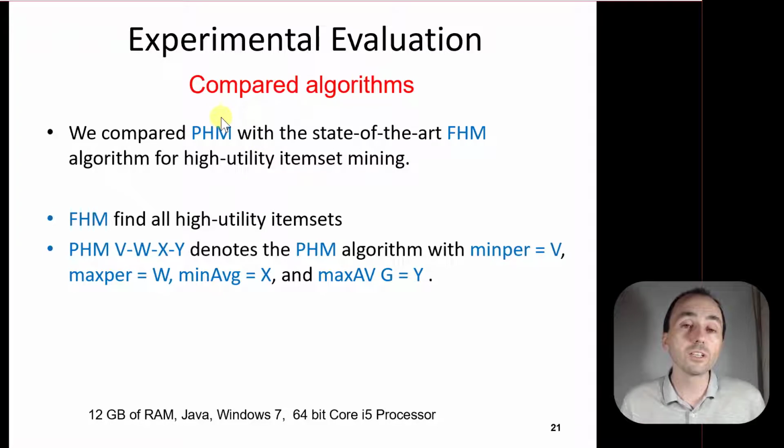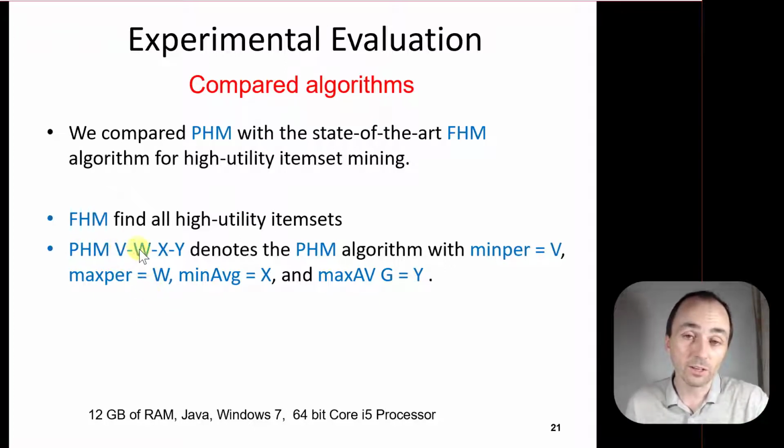For this experiment, we compare PHM, the new algorithm, with FHM for high utility item set mining. FHM finds all the high utility item sets, so it is interesting, and PHM only finds the periodic high utility item sets. So PHM will always find fewer item sets than FHM because PHM only wants the periodic item sets.